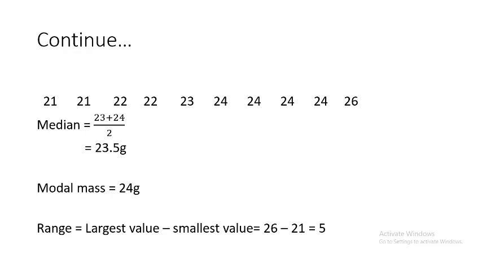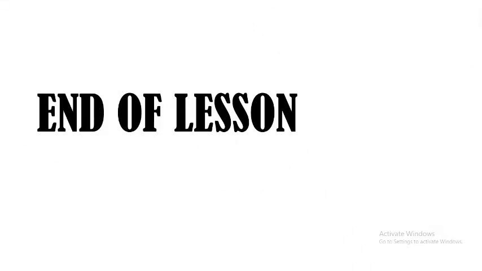That means we subtract 21 from 26 and the answer is 5. So 5 is the range of this particular data. So that's how we calculate the mean, median, modal mass, and range. So that is the end.